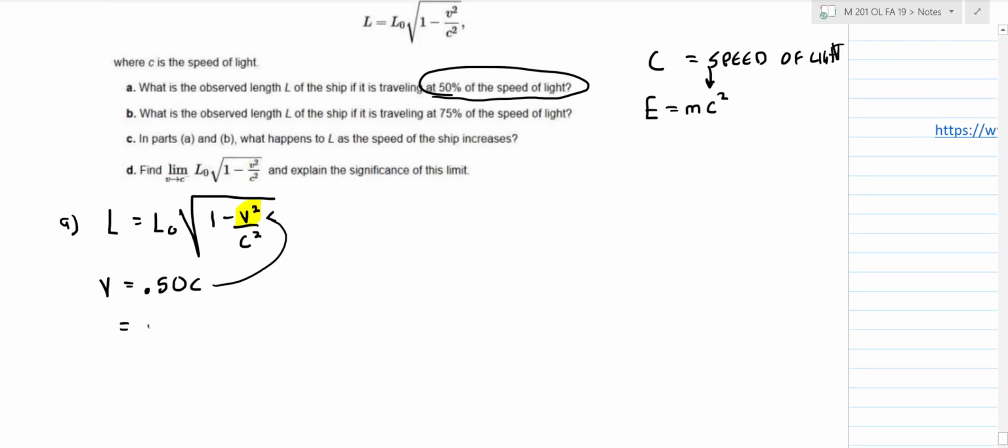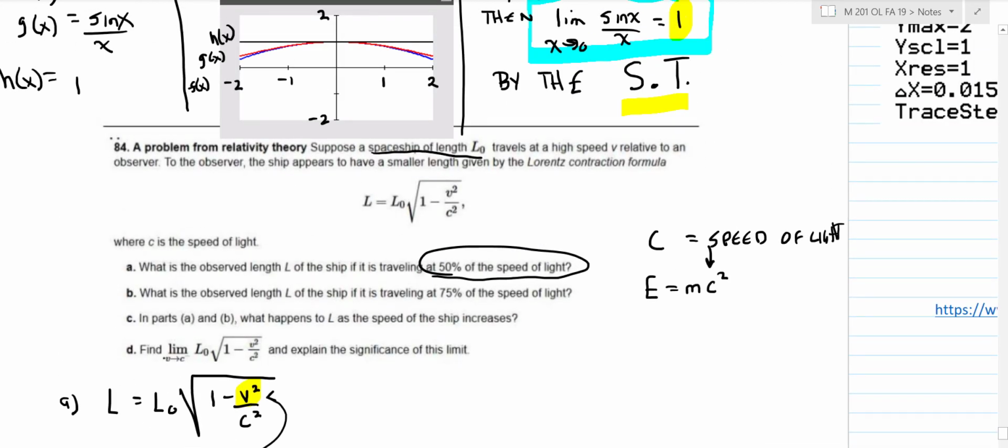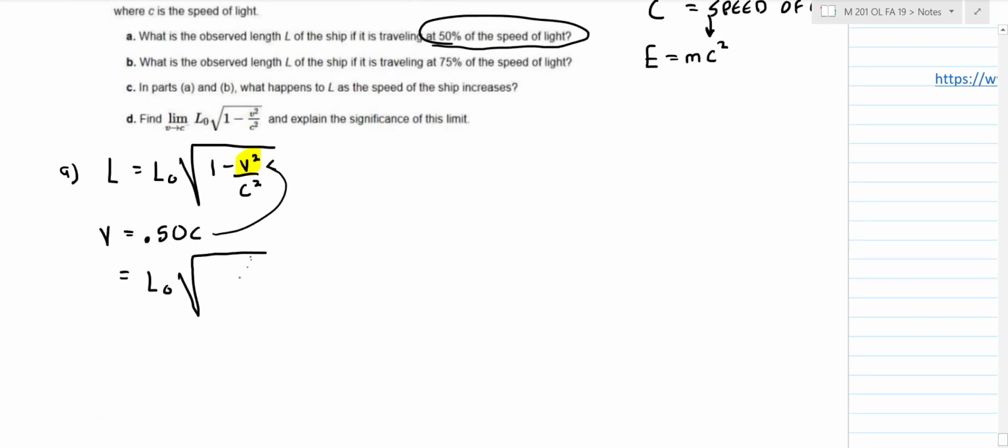So we're going to get L naught, which is the astronaut's perceived length of the ship, like this, and then what we're going to do is just do this replacement. So we have 1 minus 0.5 c, and then we have to square that whole thing, see?